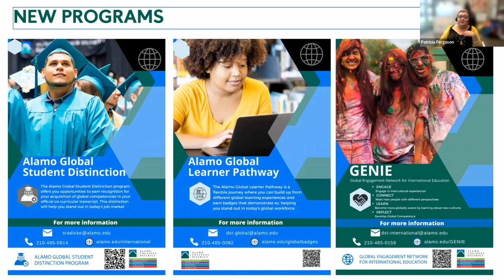GENIE, which is the Global Engagement Network for International Education, started off as the buddy system, but it has expanded. We want students to engage, connect, learn, and reflect by having multicultural experiences. Now, GENIE actually came about because we wanted to retain our students, as we were having issues with retention.